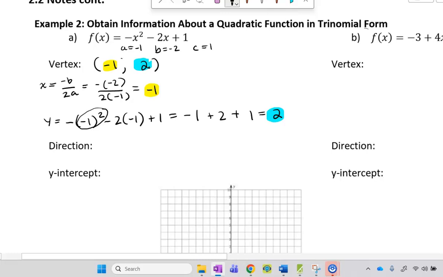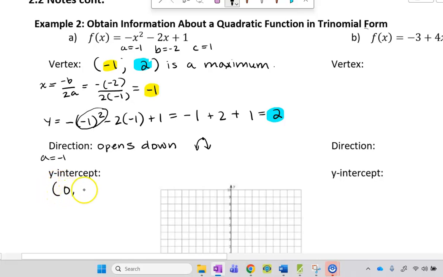But we have our vertex. We know that A is -1, which means it opens down. So it's going to look like that. And the vertex will be on the top. So the vertex is a maximum. All right, I know my vertex, I know it opens down, and remember the y-intercept here, if I plugged in a 0 for x, everything would cancel except for the c term.